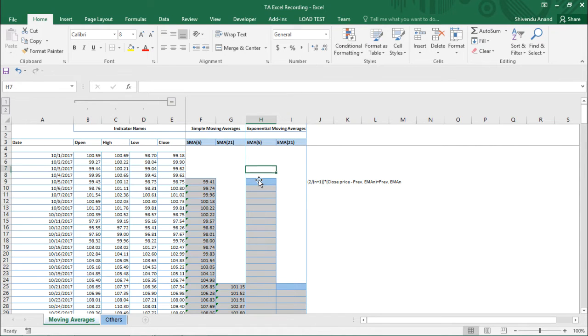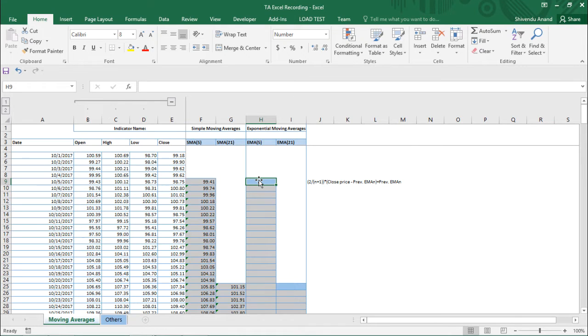Now one more thing we should remember, as we had seen in the video lecture, that first EMA would be your simple moving average, because here in the formula we are saying close price minus previous EMA plus previous EMA. Since we do not have any previous EMA for the very first data, we'll consider the first data as simple moving average only, and from next data this simple moving average will be acting as a previous EMA.